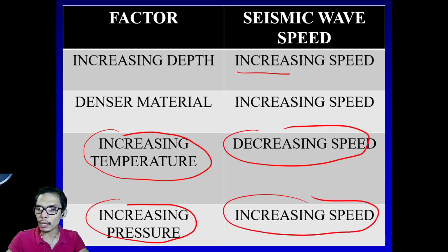Now, the question that I want you to answer is, why is it that when we increase the temperature, the speed of your seismic wave decreases? What happens when you increase the temperature? Why does the seismic wave velocity decrease?